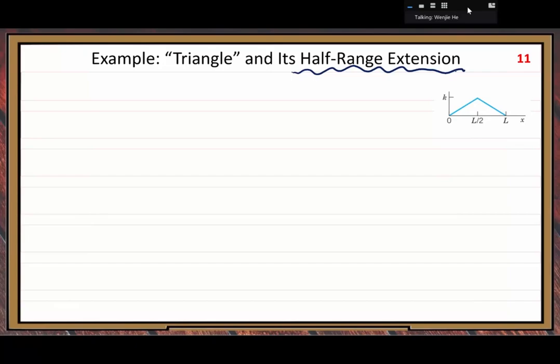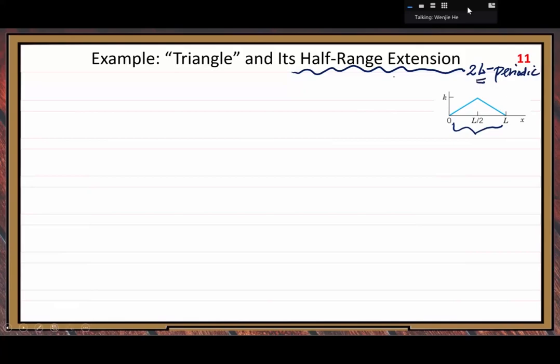Hence the phrase half-range extension: the function given is in a half range, from 0 to L. In our previous setting, when we considered the general periodic case, we considered 2L periodic functions.